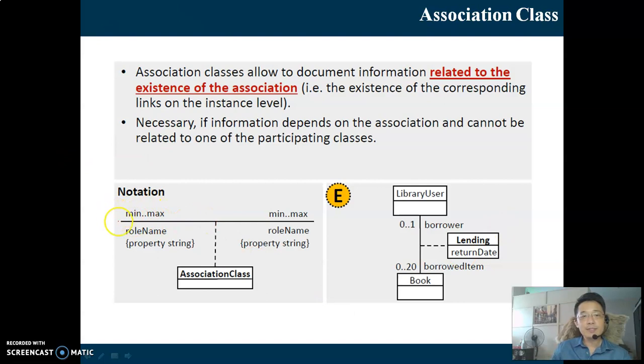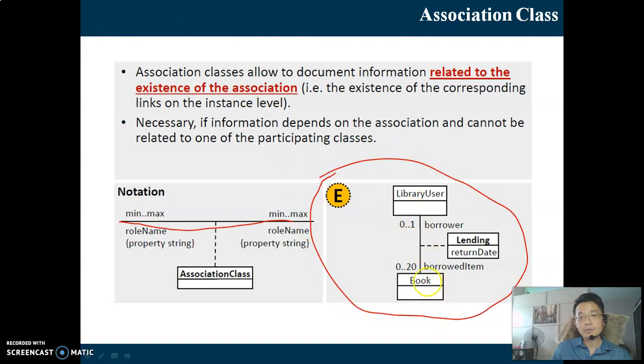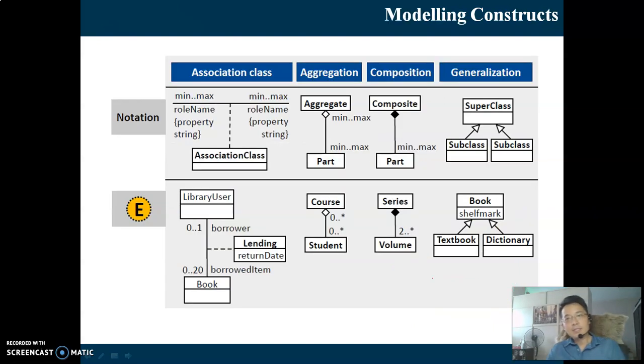The relationship is represented by a line. If you look at the example here on the right hand side, a library user borrows 0 to 20 books, and this class is what we call association class. It's not entity class, it's association class, because the class defines the association relationship. So it spells out the return date for the loan of the book. So these are the notations of class diagrams.